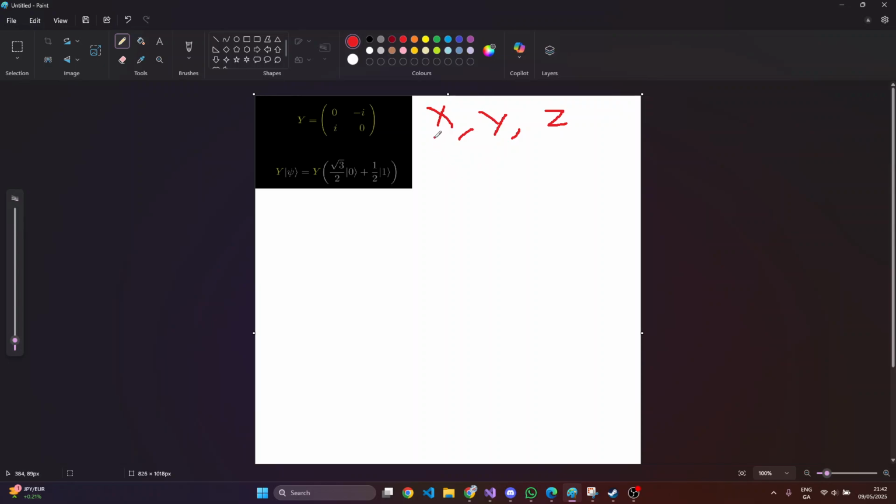Each of these rotate the arrow that I was talking about around the x-axis, around the y-axis, and around the z-axis, pi radians. So that is 180 degrees around the respective axis. So that's pretty simple.